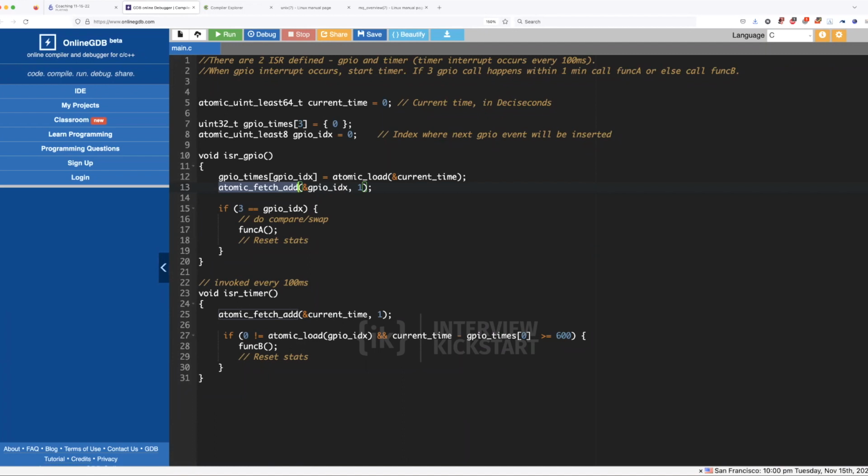Sorry. So even if they occur simultaneously, there will be some kind of a priority, right? That would be a reasonable assumption, and that could be an assumption that you could state out loud in the interview: hey, I'm going to assume that the GPIO interrupt routine will run to completion prior to the timer interrupt running, and one interrupt routine won't preempt the other.